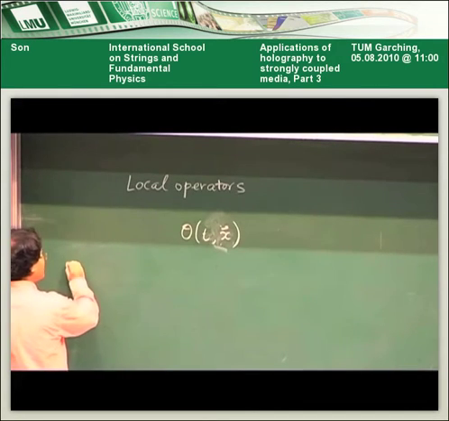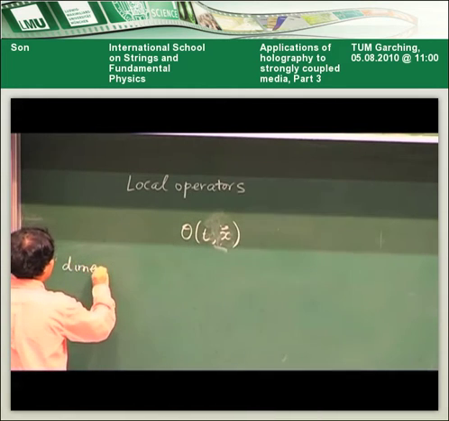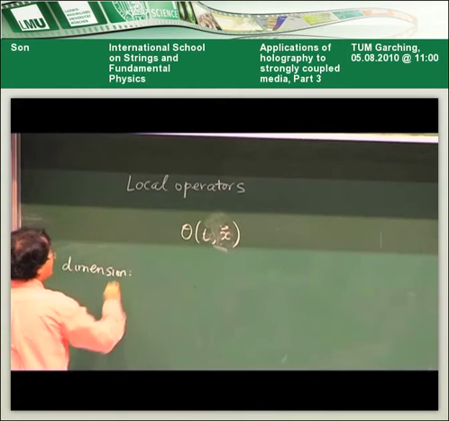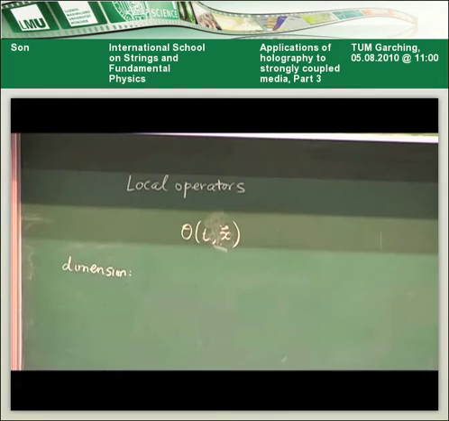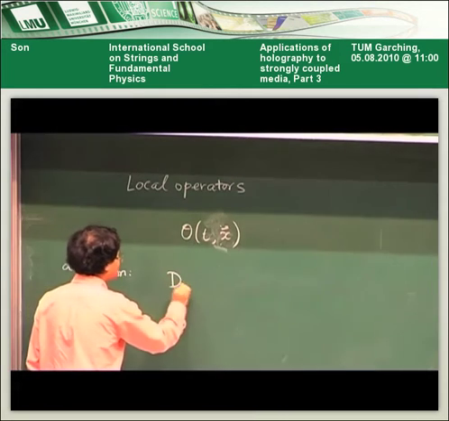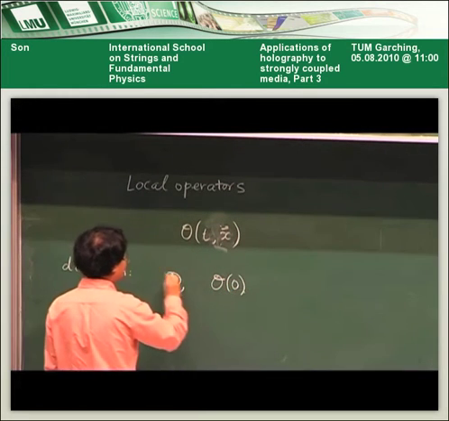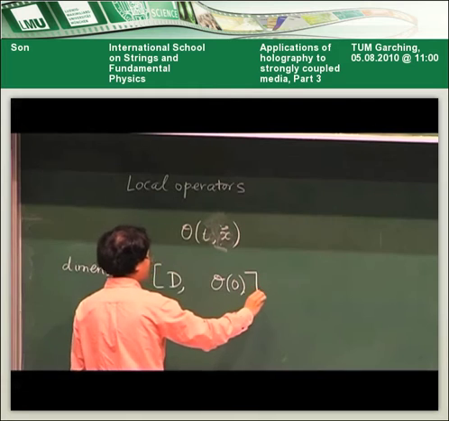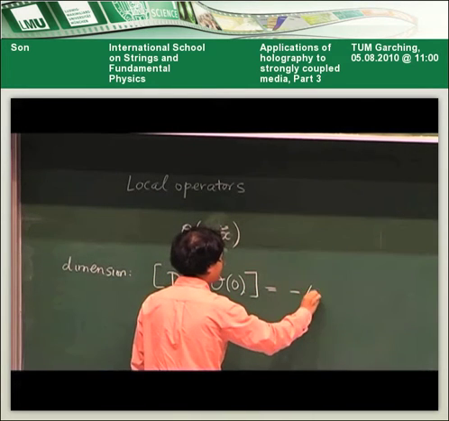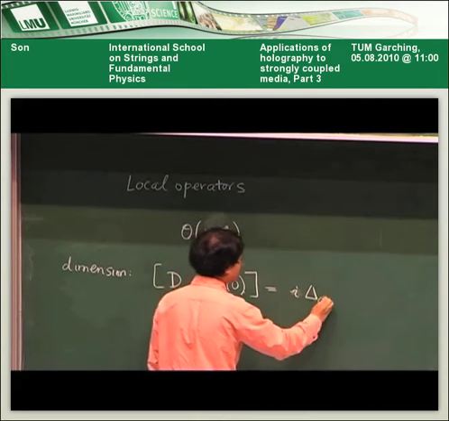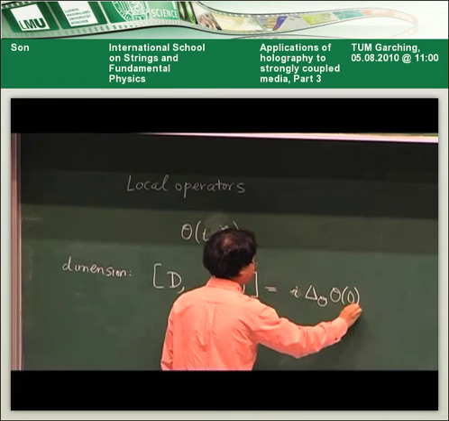We can define the dimension of an operator by looking at how the operator commutes with dilatation. When we do dilatation, there is one point, the origin, that remains unchanged. If you compute the commutator of this operator O taken at 0, then the commutator will be the dimension of this operator times itself.